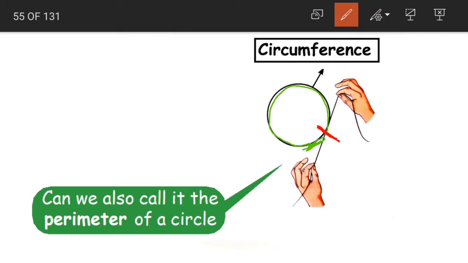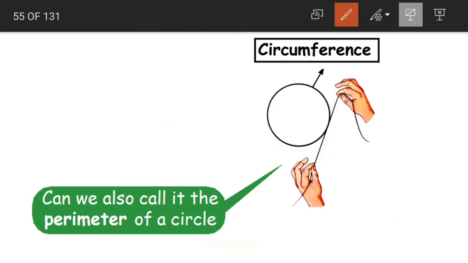As our thread again meets the starting point, you should cut your thread here. Now this piece of thread is equal to the length of the circle. With the help of a ruler, you can measure the length of this thread. Now this is nothing but the length of the boundary of our given circle.